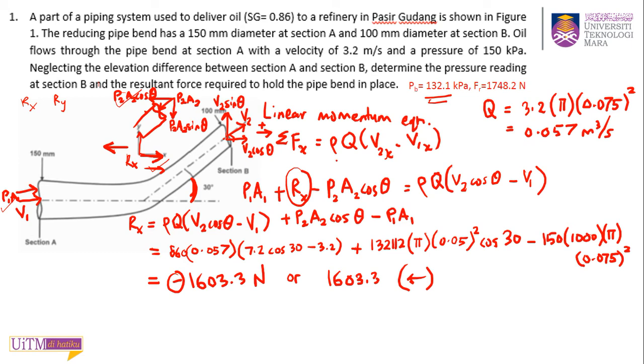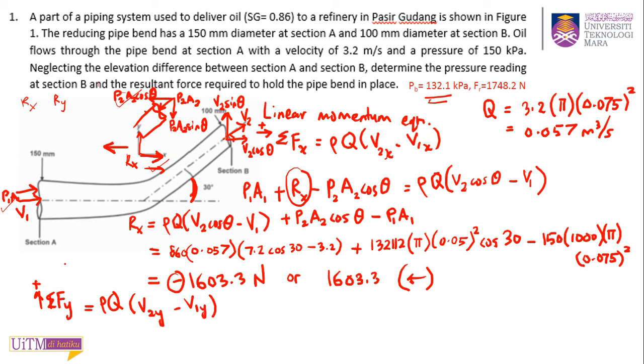You need to do this equation in y direction, and it shows here upward is positive. So summation of F in y equals rho Q times V2y tolak V1y.